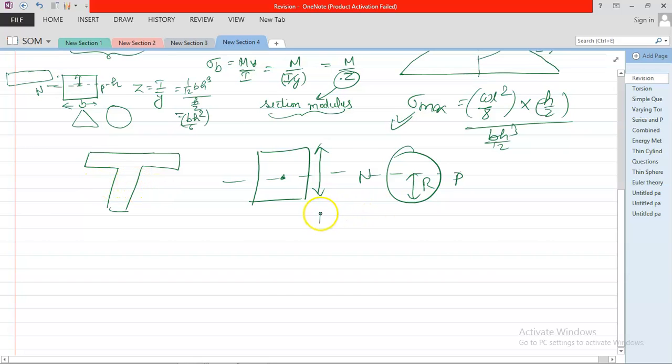So first thing, the neutral plane always passes through the center of gravity. So you need to find the center of gravity or center of mass. Here two masses are joined. Take this mass first, take this mass second, and apply y bar is equal to A1 y1 plus A2 y2 upon A1 plus A2. You will obtain y bar.